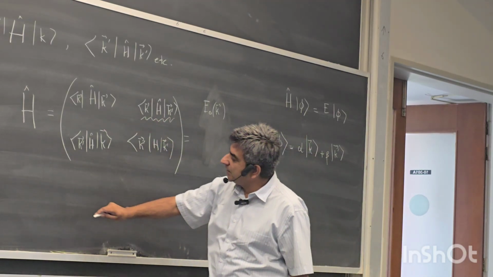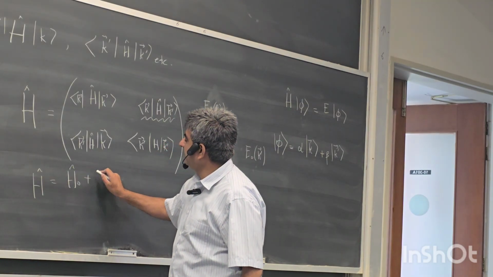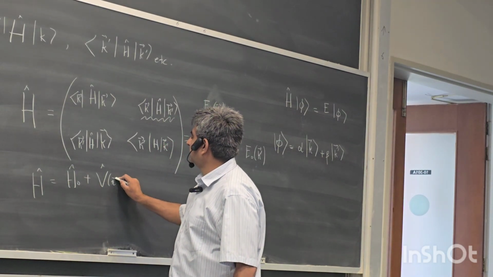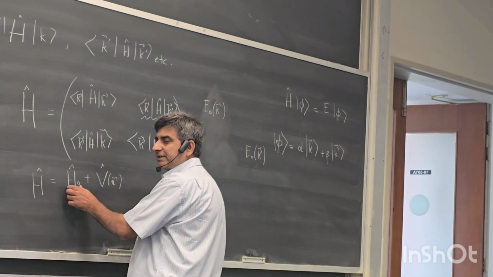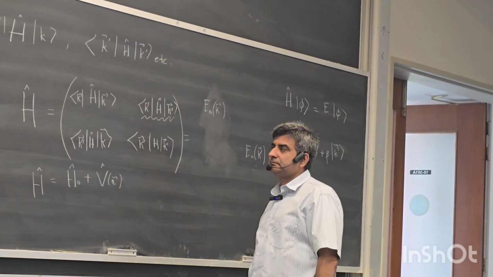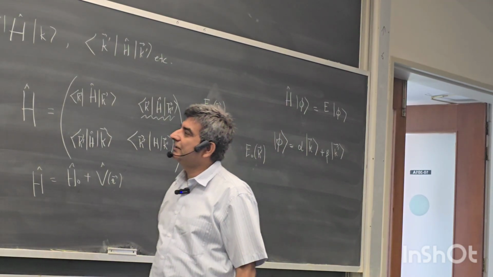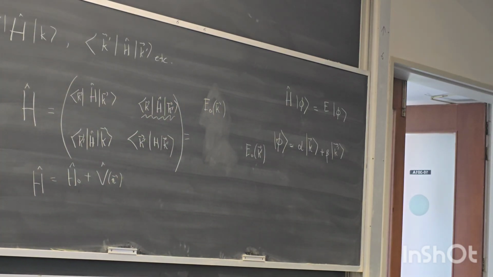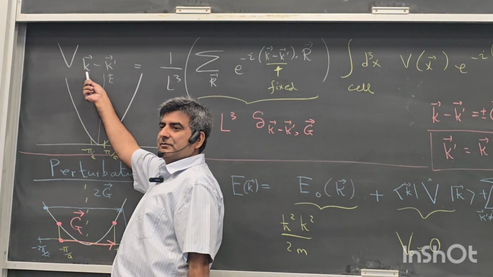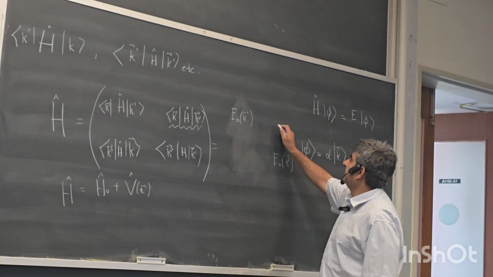H, remember, is a sum of the unperturbed plus the perturbed part. So when you sandwich this, you get 0. This term will be V of k minus k prime, which is just this term over here, V g, where g is some reciprocal lattice vector. So this is V g.